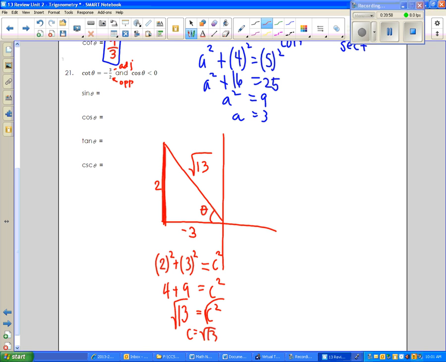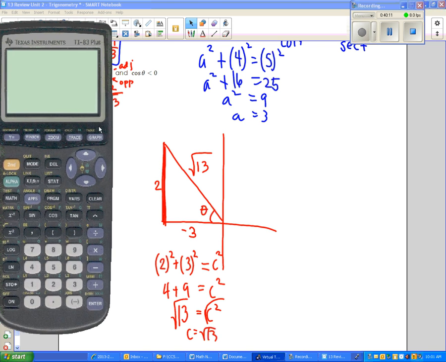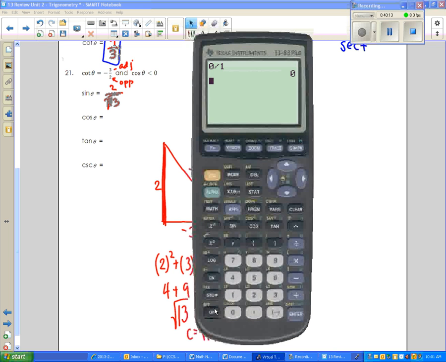So in number 21, we're dealing with the sine of theta. Well, remember SOH CAH TOA, that's going to be opposite, which is 2, over the hypotenuse, which is the square root of 13. So you could rationalize this, but again, I think on the unit test, it's asking you to write that as a decimal. And so essentially, you're just going to take 2 divided by the square root of 13.